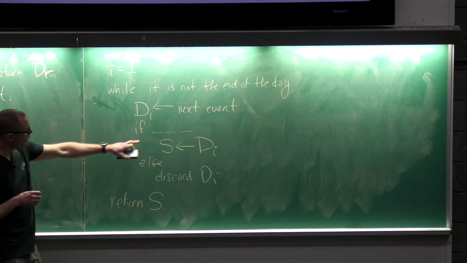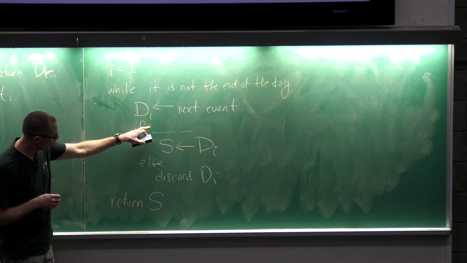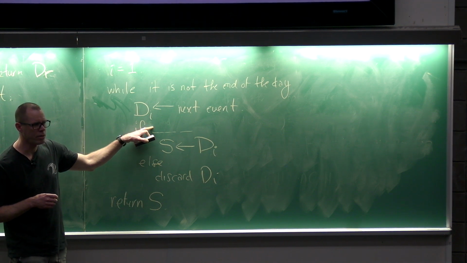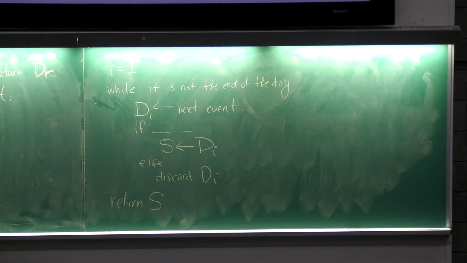So we need to decide how are we going to decide? There's only one piece of code missing here, which is what do we put in this if statement? Any ideas? Yep. What's that?